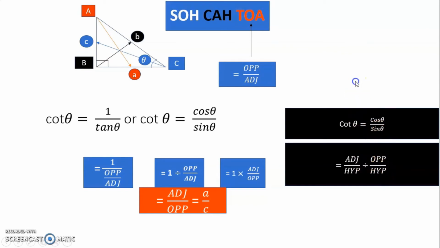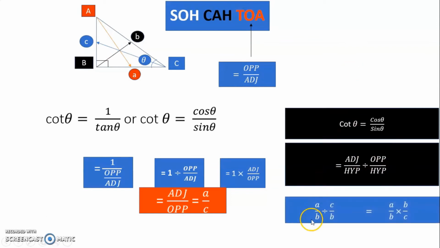Now, what is our adjacent? Our adjacent based on this right angle triangle is A. Hypotenuse is B, that's A over B, divided by our opposite, which is C, while our hypotenuse is B, so divided by C over B.